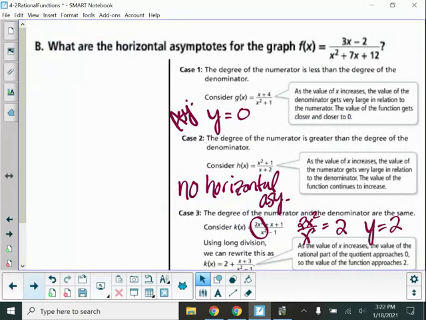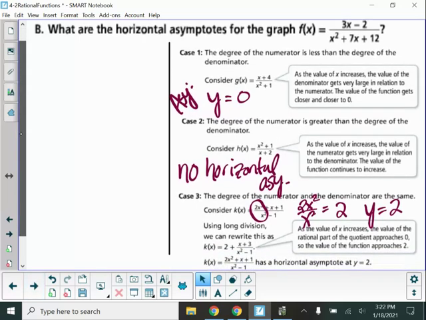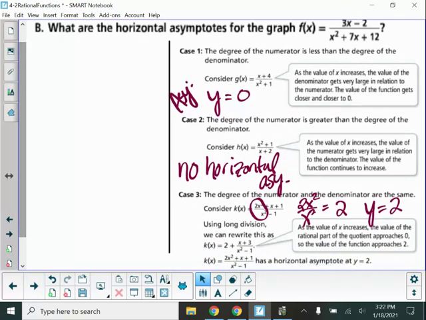Now part B asks about horizontal asymptotes. For a horizontal asymptote, you need to decide which case you have. There are 3 different cases to determine what your asymptote is going to be. Case 1 is where the degree of the numerator is less than the degree of the denominator.